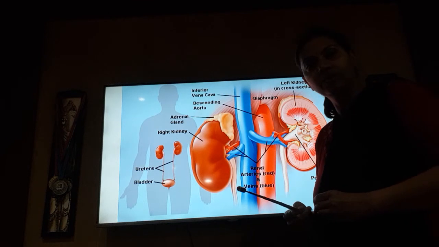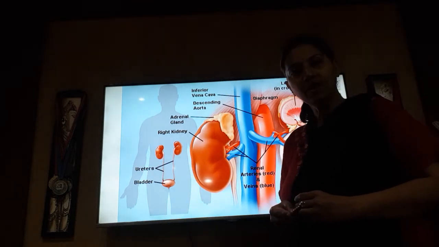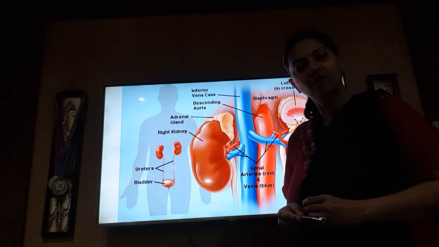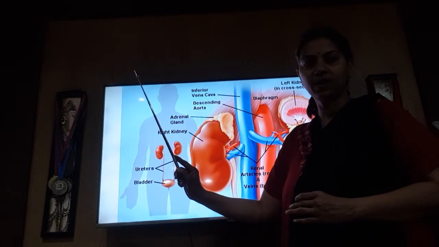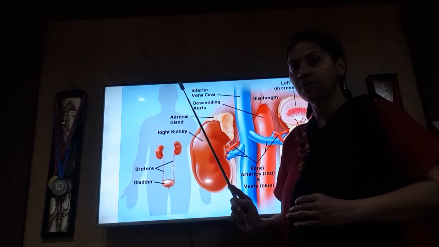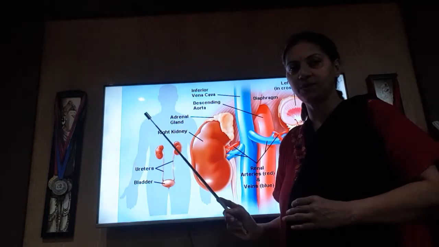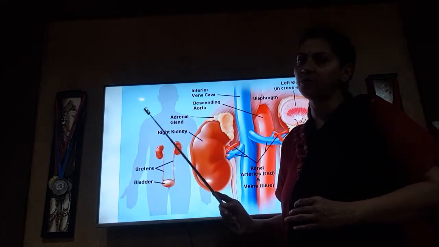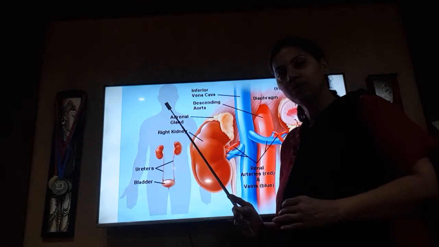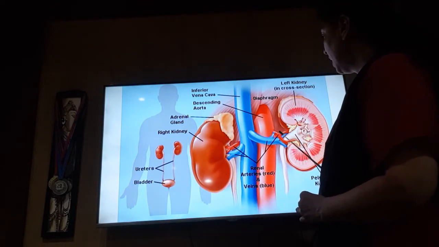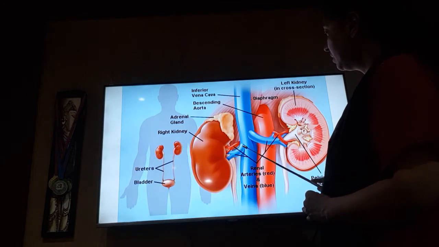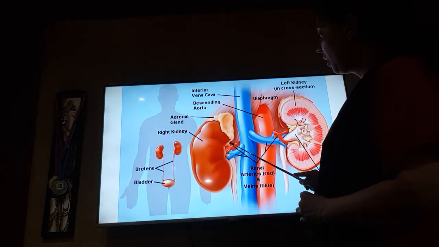You can also study it like this: P for pelvis, P for posterior. So the pelvis is present posterior most, and there are no issues about the pelvis being anterior or posterior. If we have to learn the relations at the hilum of the kidney, it is VAP.